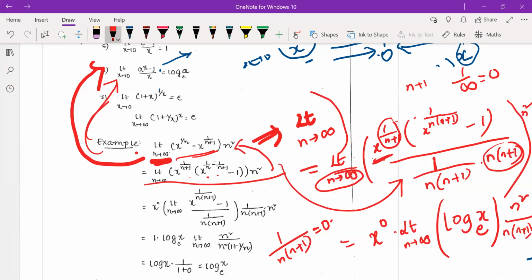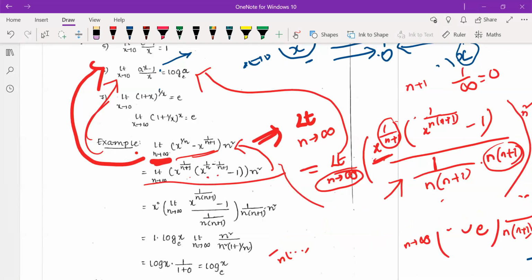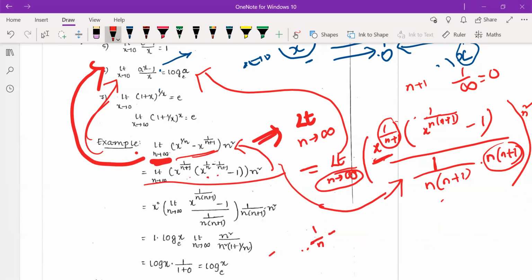So even this looks similar to this one, when n tends to infinity. I can elaborate it more. 1 by n can be taken as y. So limit when n tends to infinity, 1 by y equal to 1 by n. So 1 by infinity, y tends to 0. We have already elaborated that one, this is already x power 0.